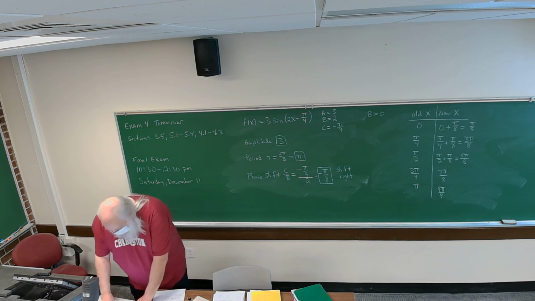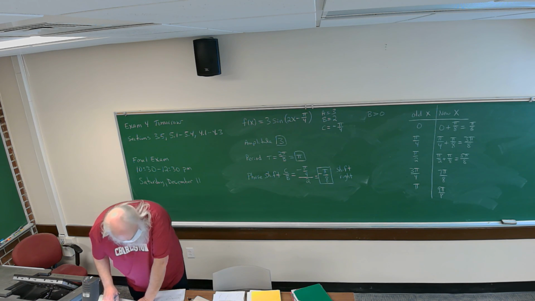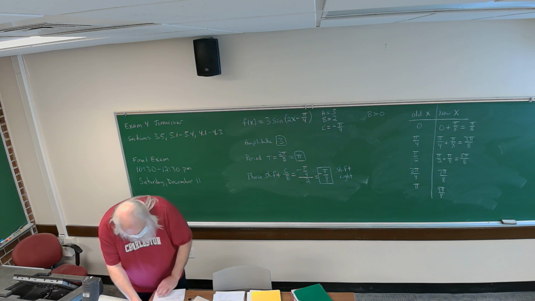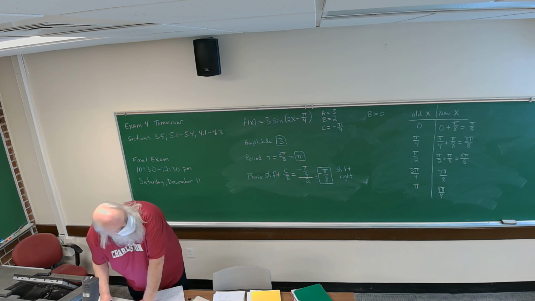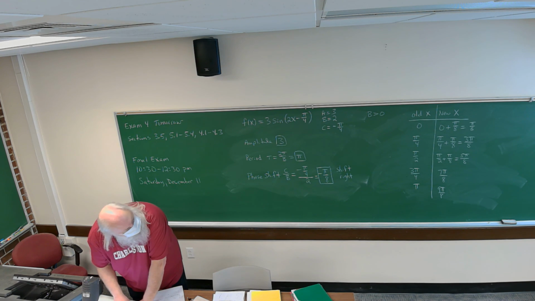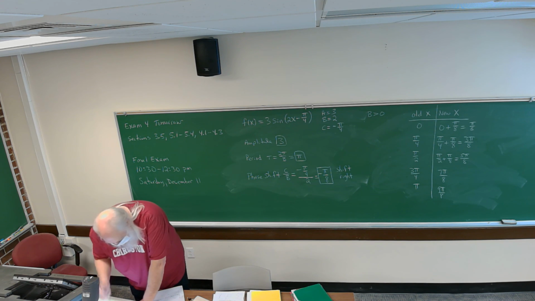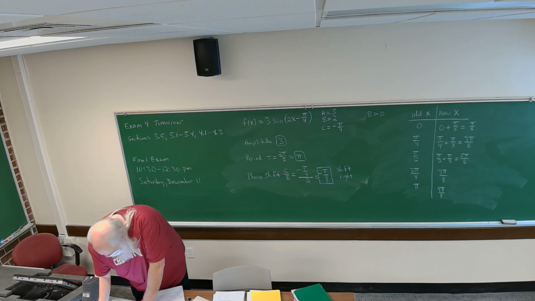Okay? So now we can write down what the x-intercepts are. The x-intercepts are at pi over 8, 5 pi over 8, and 9 pi over 8. Okay.